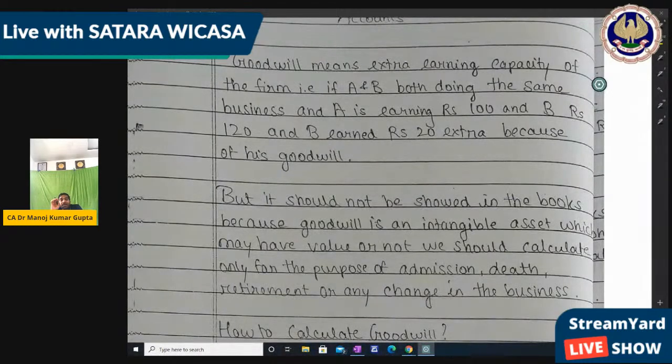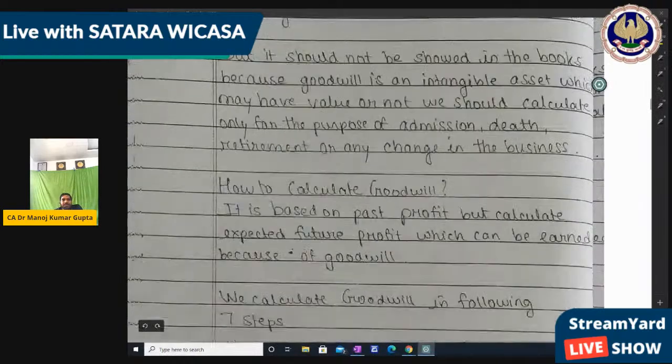Remember, we should never show goodwill in the books. If shown in the books, it is an indication that the business condition is not good. Your goodwill is what others say about you; if you say it yourself, it means you don't actually have any. Understood? So this is the meaning of goodwill.